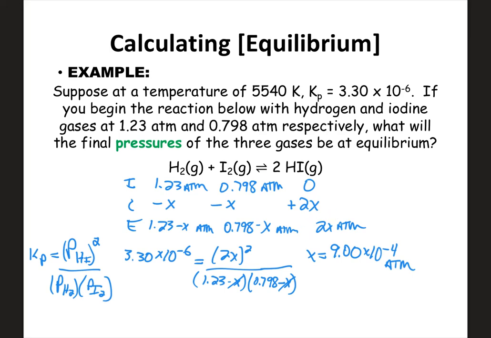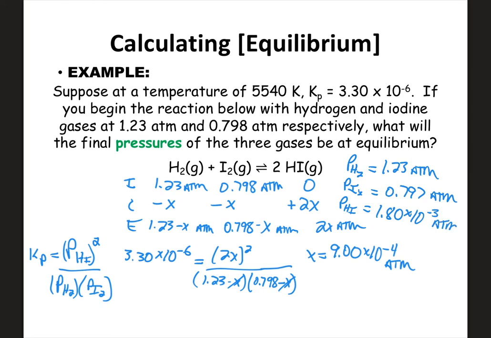When we do this, we get the pressure of H2 being equal to 1.23 atm, the pressure of I2 being equal to 0.797 atm, and the pressure of HI being equal to 1.80 times 10 to the minus third atm. So make sure you're going back and plugging that value of x into your problem and getting your pressures at equilibrium.